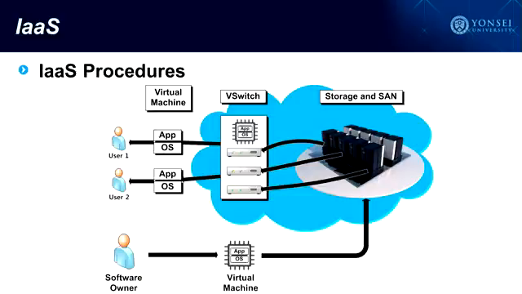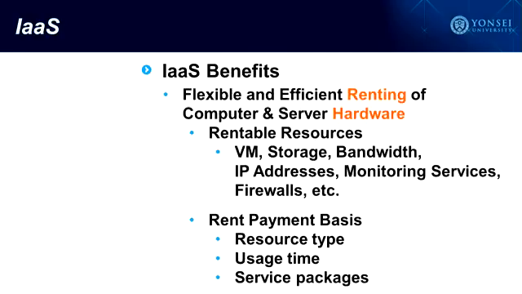From the vSwitch, the virtual machine is used by the users and their requests, where the application and the operating system package is delivered to the users so that they can use it. This is how infrastructure as a service works.